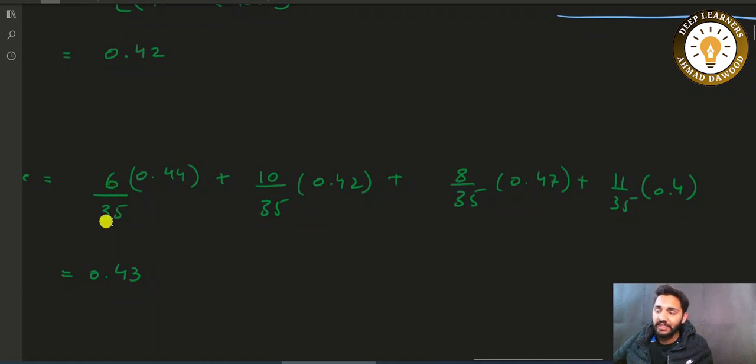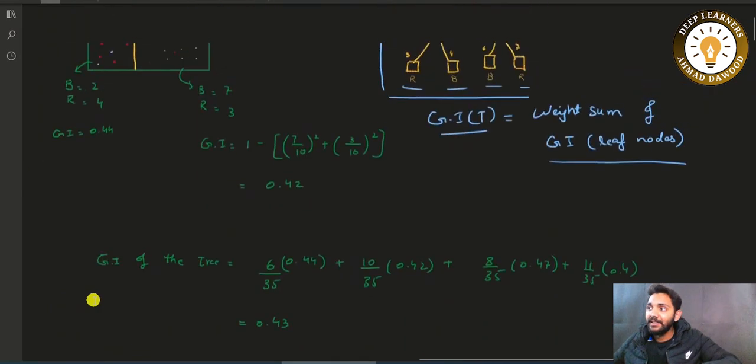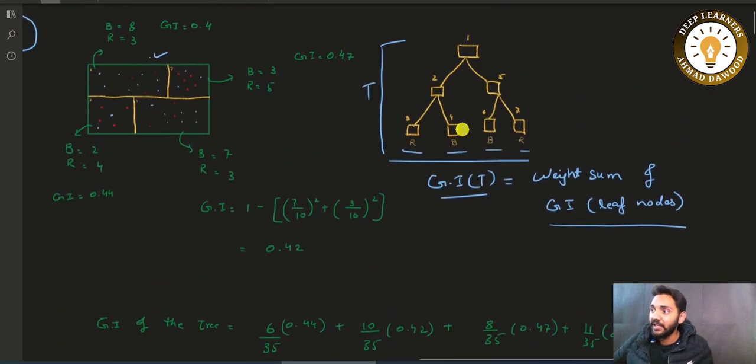Then this is the weighted term for another partition, the Gini impurity of another partition multiplied by its weight, and another multiplied by weight 8. Summing up, this will be 0.43. And this is exactly the same as what I was discussing in that case.